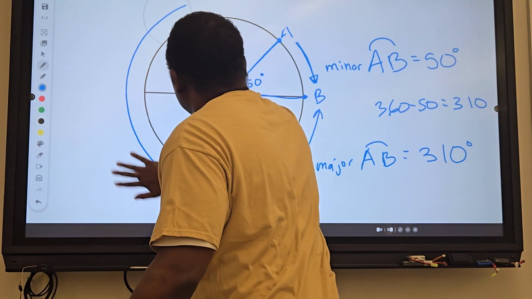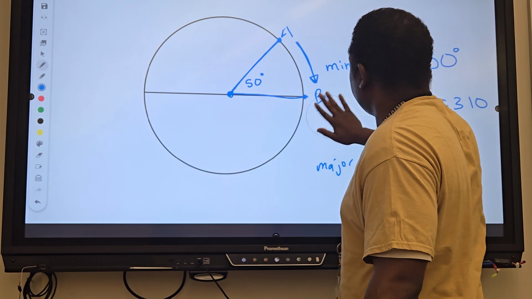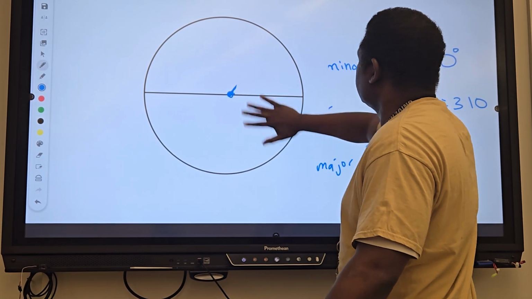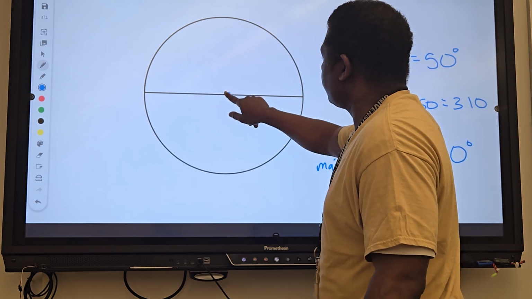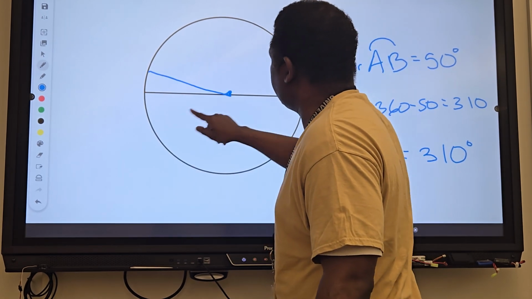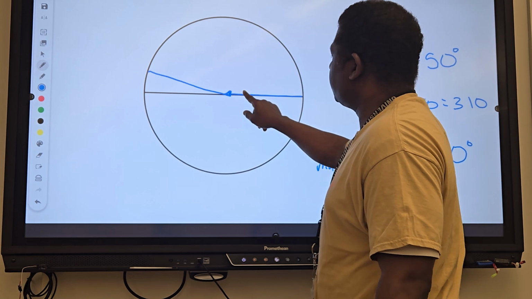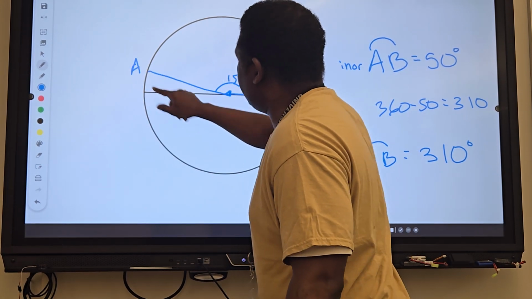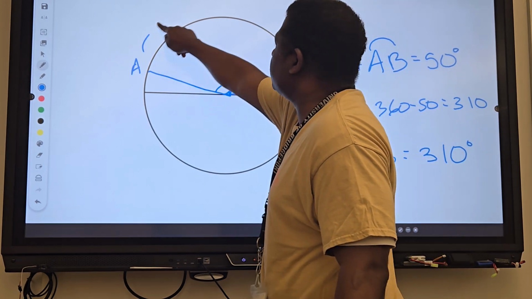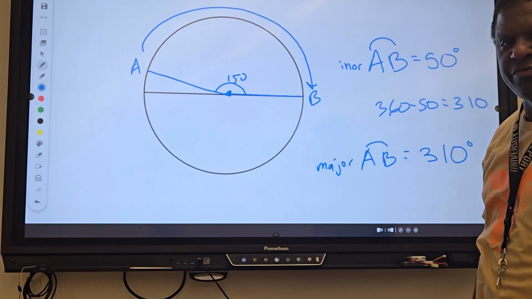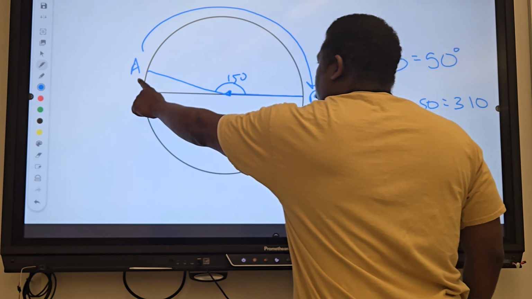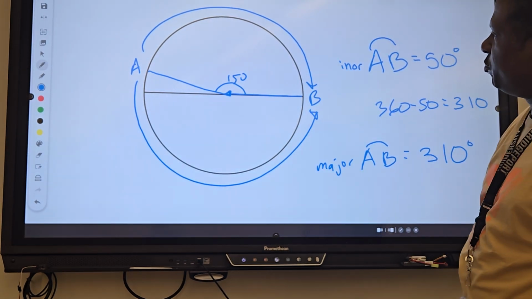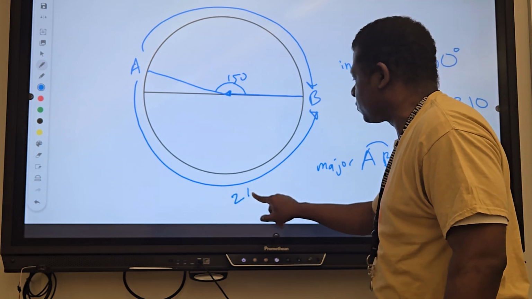So if I had an angle that was this way, let's just say that's 150, then arc measure AB is going to be 150 degrees, which means that arc measure AB going this way is going to be, what's that, 210 degrees.